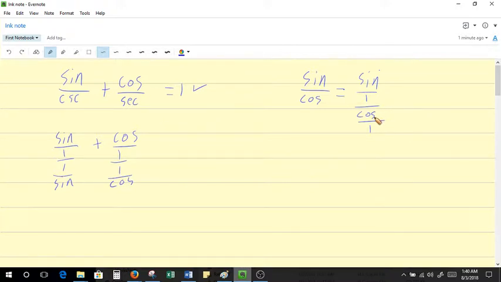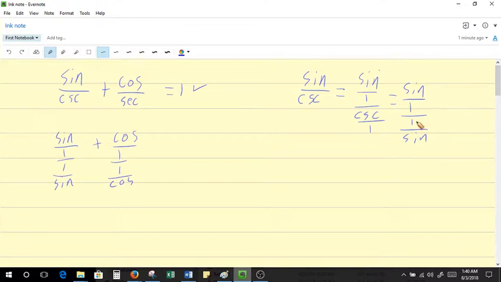So if we were to flip this, and actually I'll make it the same thing as what's going on here, rather than actually changing them. Then sine over 1, and then I take the reciprocal down here, would wind up with that.